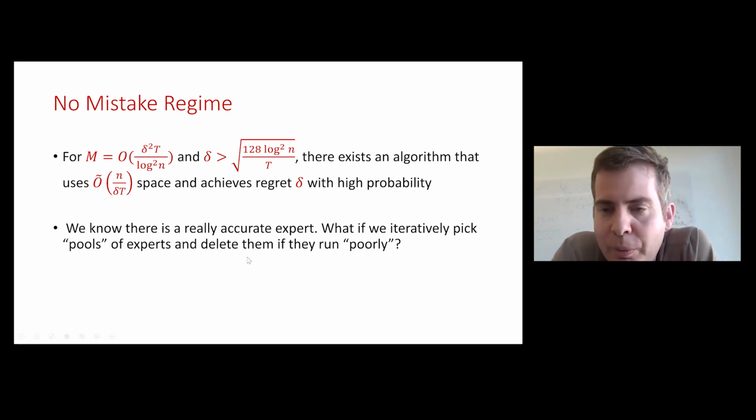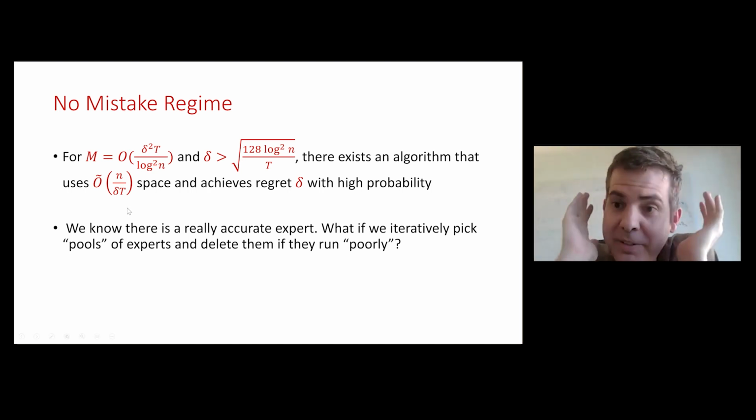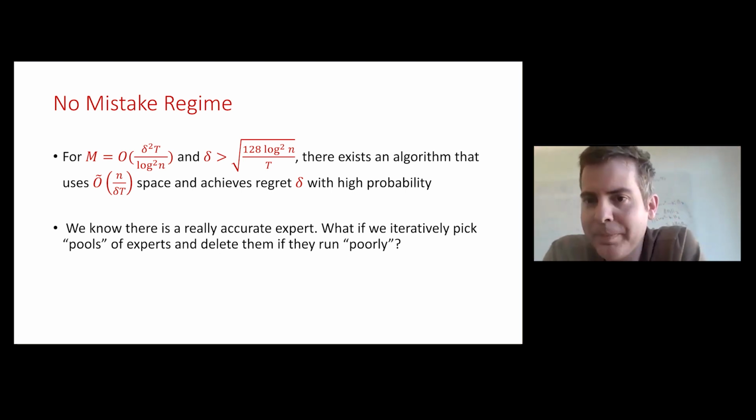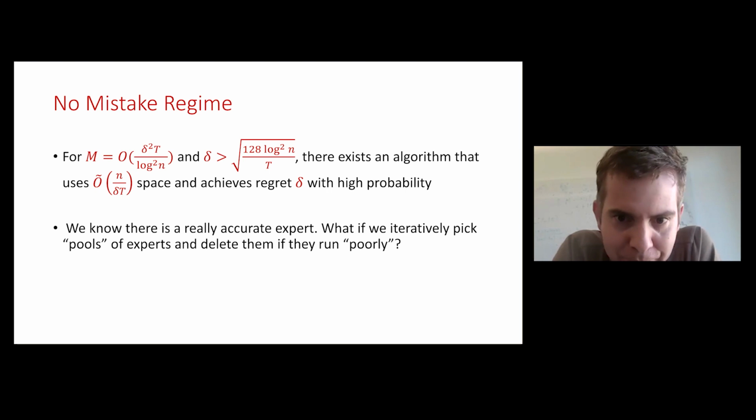A natural idea in the streaming model is, well, I can't afford that much memory. I can only do n over delta t memory. What am I going to do? I'm going to take, let's say, the first n over delta t experts, and run one of these classic algorithms on them, maybe some kind of weighted majority algorithm.